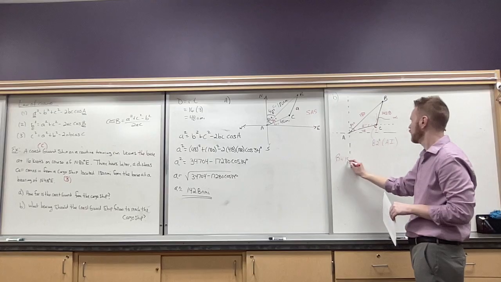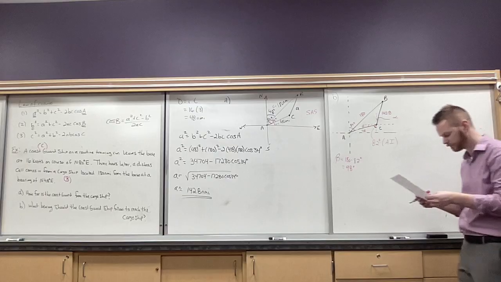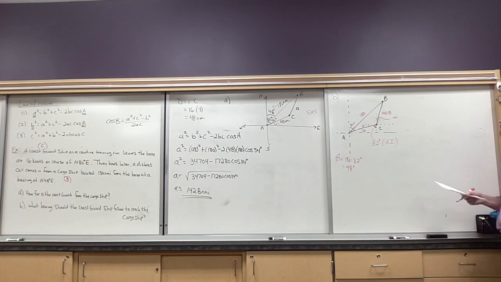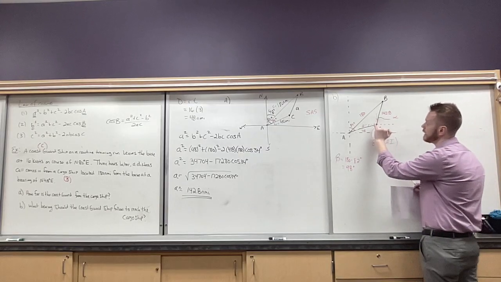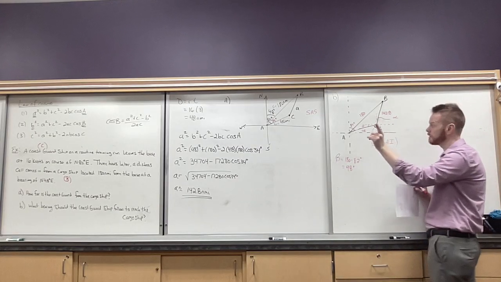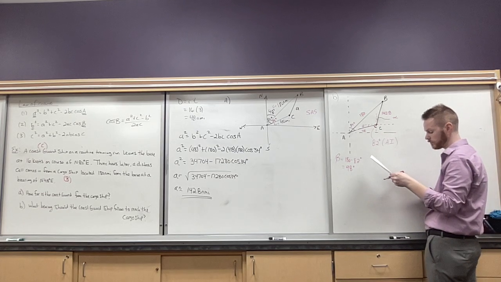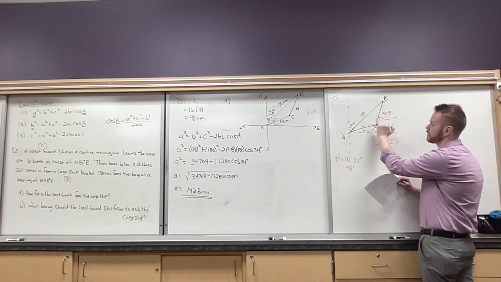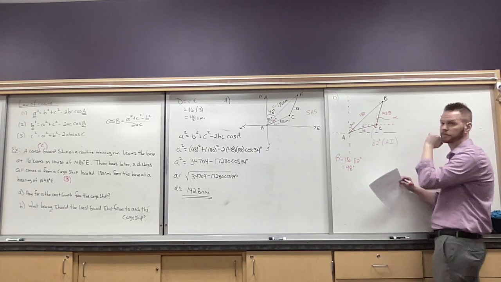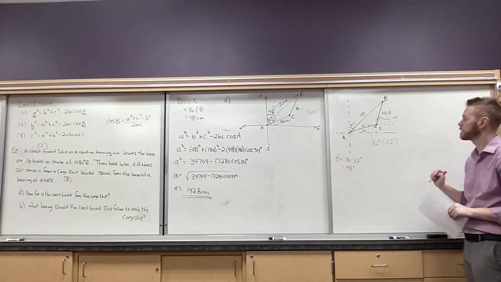So beta would be 180 minus that 82, so we get 98 degrees. Which is perfect. So here's what I'm going to do, just to show you my thinking here. I'm going to take the entire angle C, which I'll calculate, and I'll subtract the 98 piece. So if I take the whole angle, subtract 98, what I'm left with is this angle alpha. And that's what I want, because that's my bearing to get to the cargo ship.